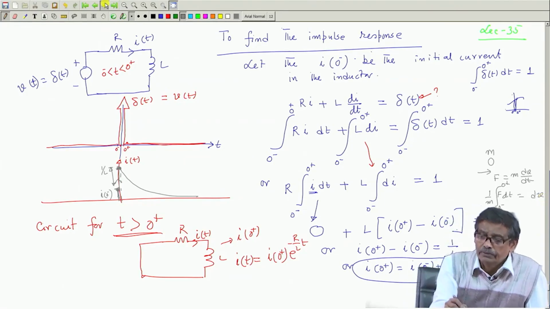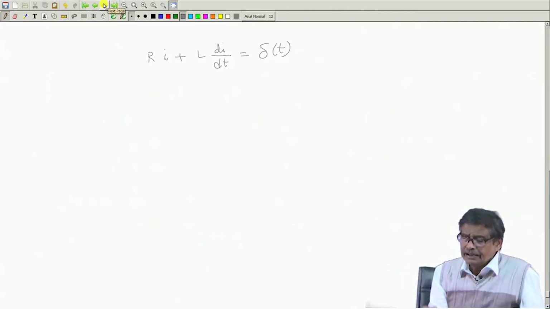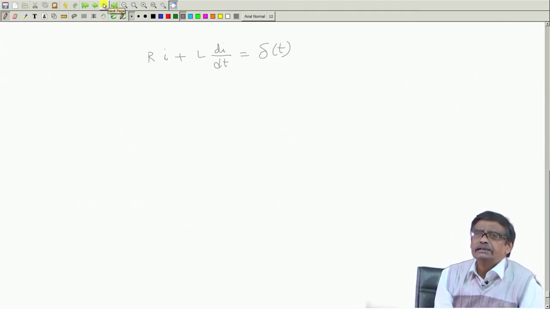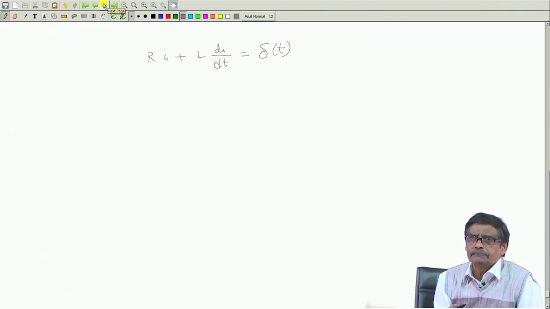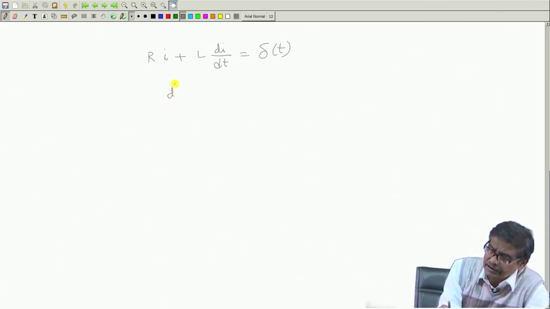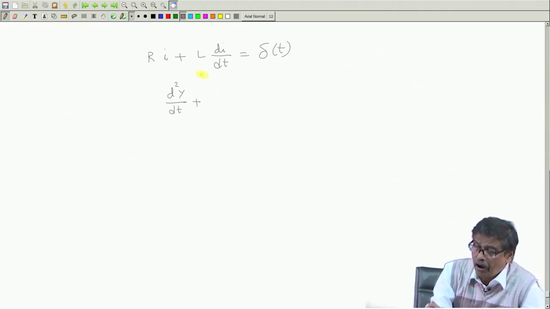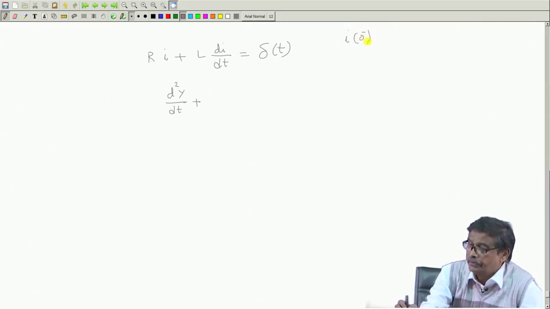Anyway, the only thing I will tell you about this is what happens in an RLC circuit, a second order system. Suppose I explain it like this. In a first order system, how many boundary conditions do you require? I(0 minus) must be known, then only you can solve the circuit.